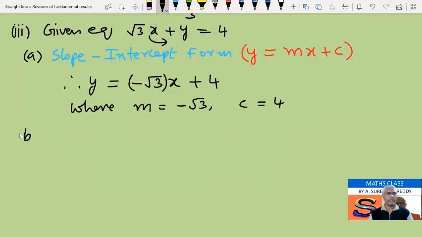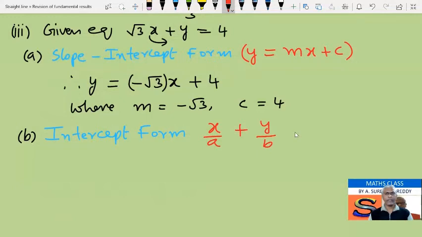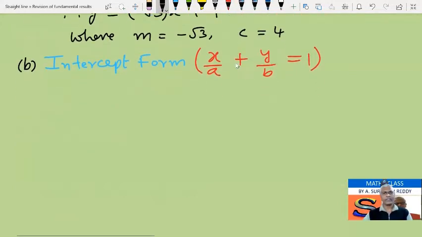Now we have to convert this into intercept form. What is intercept form? x by a plus y by b is equal to 1. We have to convert the given equation into this form.